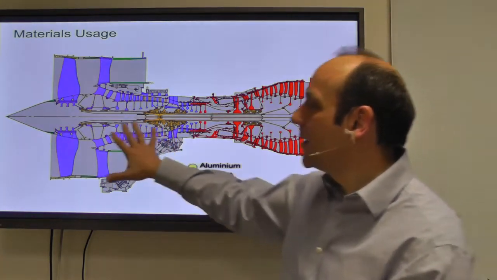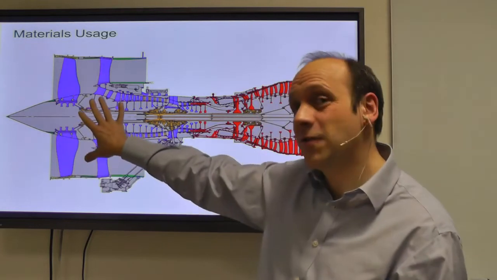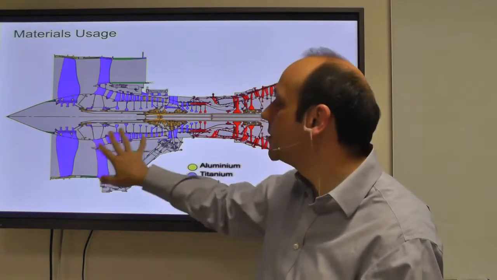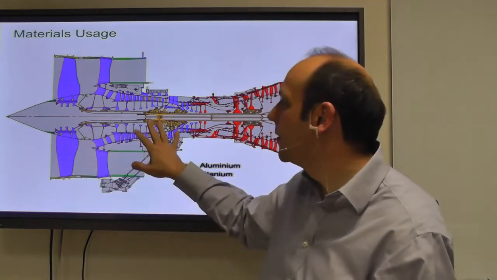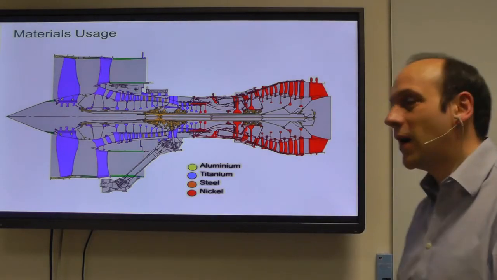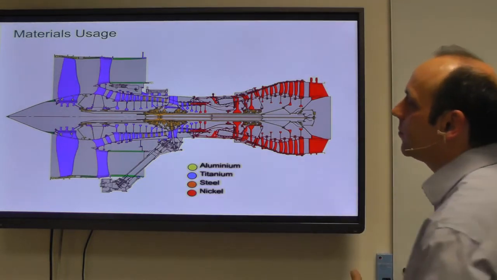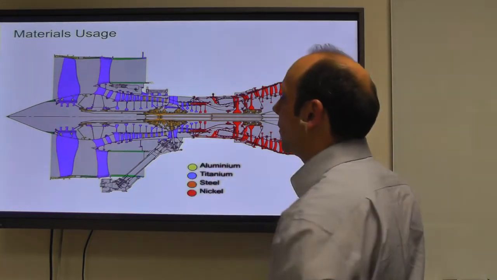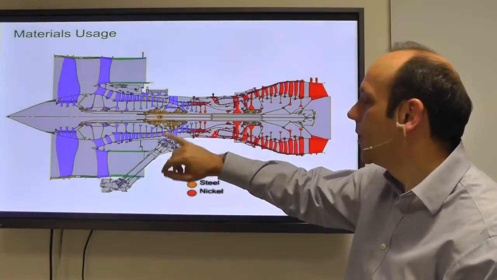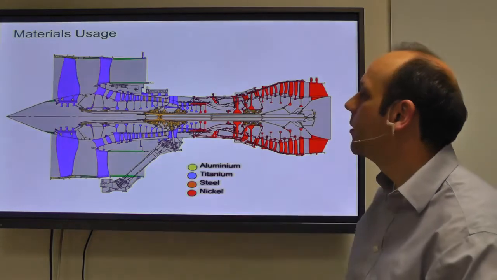So you use titanium, and its density is 4.5 rather than 8 for a steel. So that tends to take you towards using titanium at the front end. And then at some point, you exceed a temperature of about 550 to 600 degrees C, and you transition into nickel. And that tends to be in the HP compressor here. And a lot of them now have an all-nickel HP compressor.